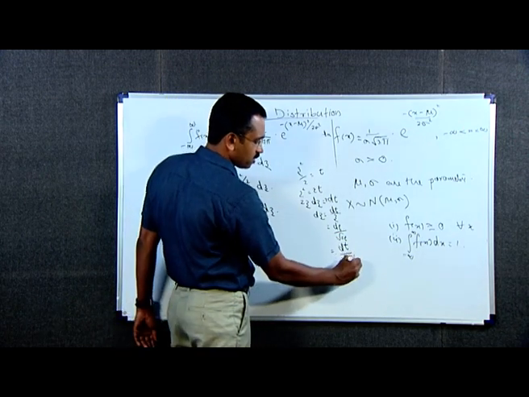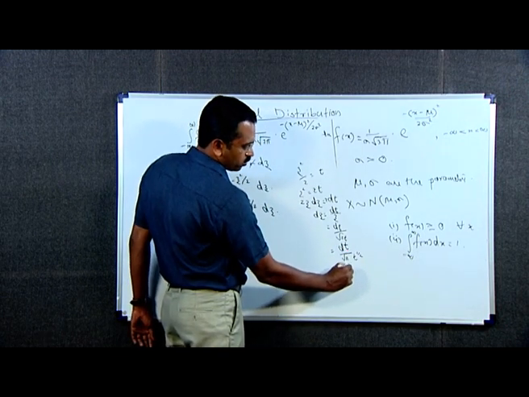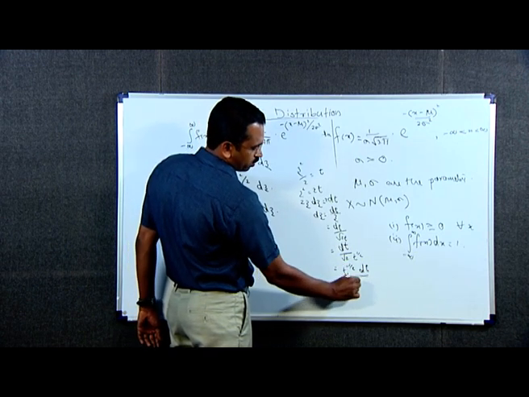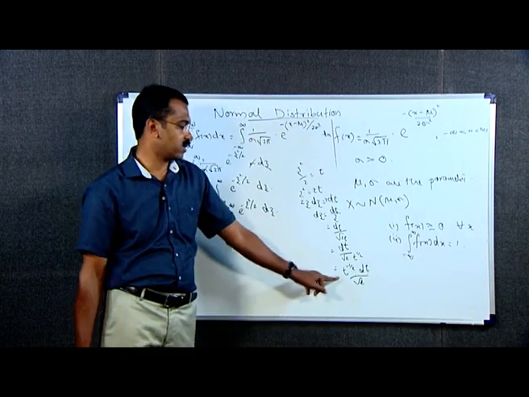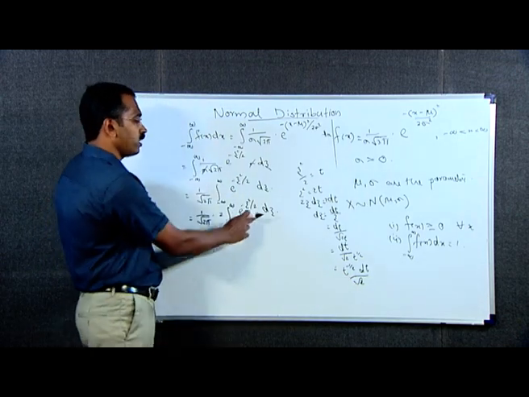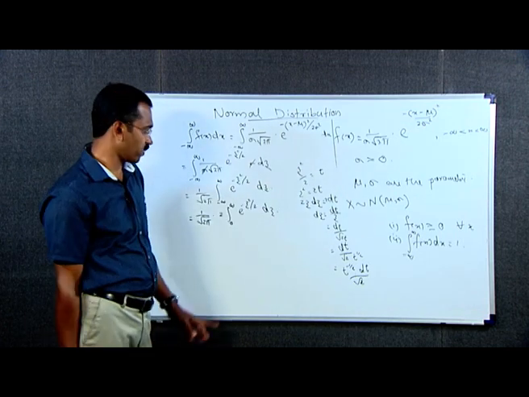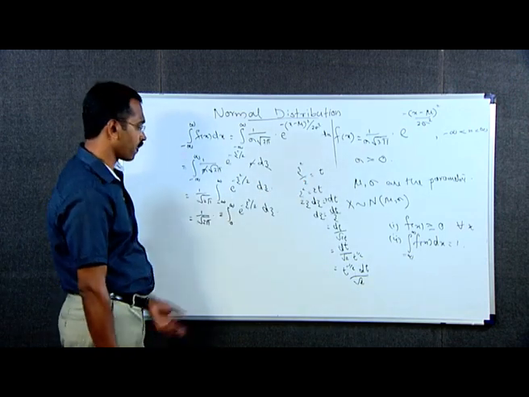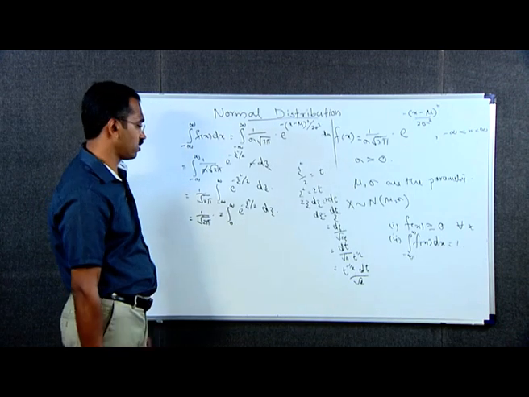Root t means t raised to 1 by 2, so dz is equal to t raised to minus half dt divided by root 2. If z is equal to 0, then t is also equal to 0, and if z is equal to infinity, t also tends to infinity. Therefore, the limits of integration remain the same.